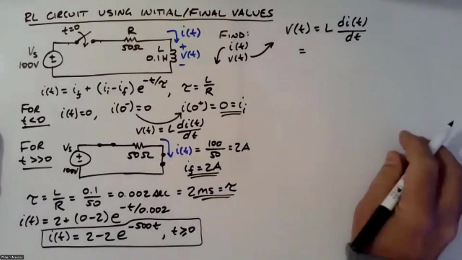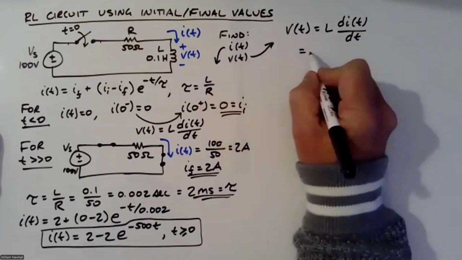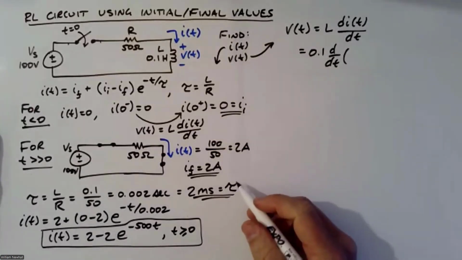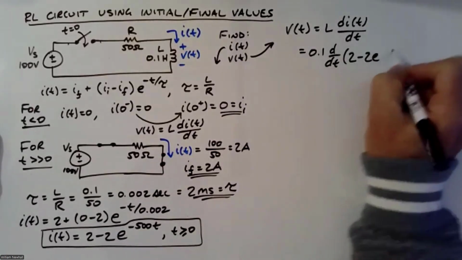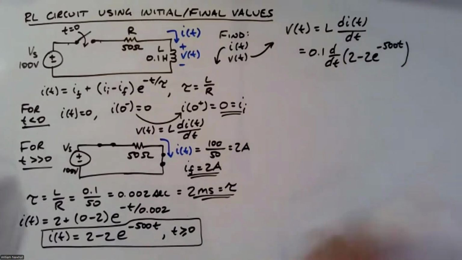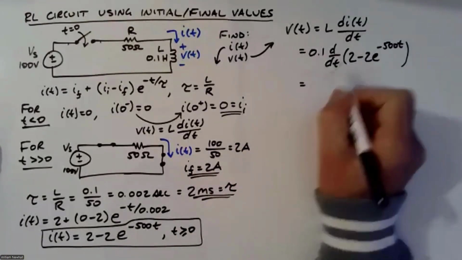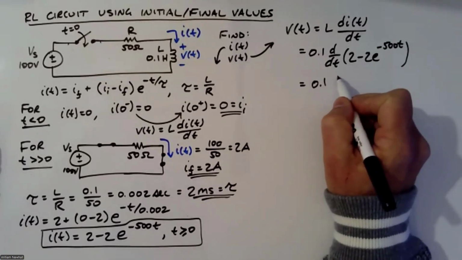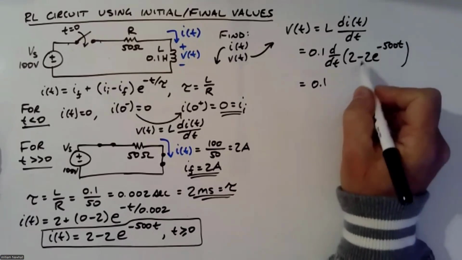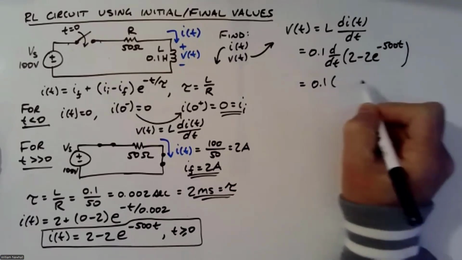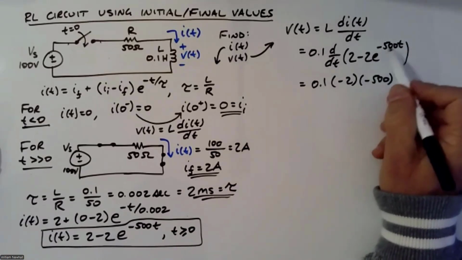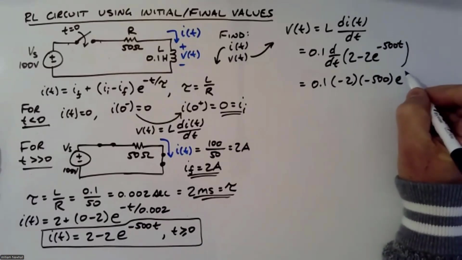So V of t is equal to L, 0.1, times the derivative of 2 minus 2e to the minus 500t. So what's that? 0.1 times the derivative of 2 is 0. And then we have minus 2 times minus 500, right? Because minus 2 times minus 500 comes out, e to the minus 500t.